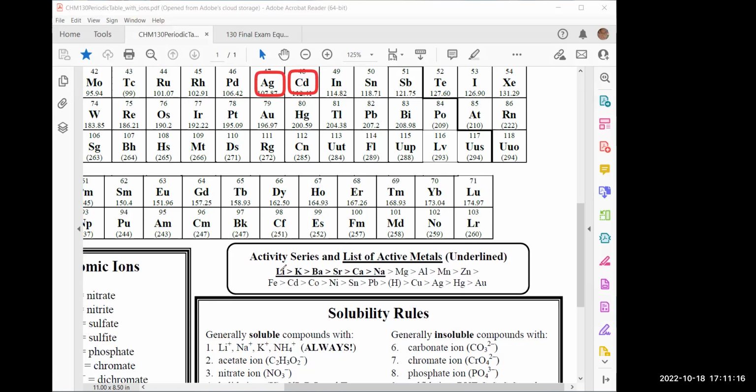Notice you start off here on this side with lithium, and on the other side you have Au, which is gold. What this says is that lithium is more reactive than copper, then more reactive than barium, et cetera, until you get to the end of the road, which is gold. Gold is the most unreactive metal there is, okay?